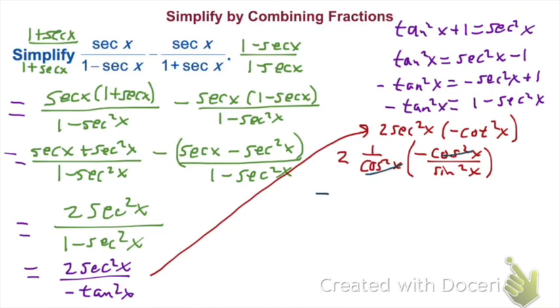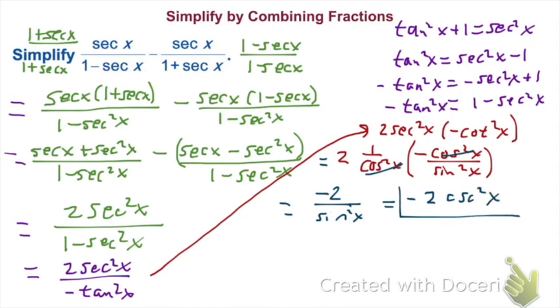We're going to be left with negative 2 over sine squared x. And 1 over sine squared is the same as cosecant squared. So we have negative 2 cosecant squared x's. And this is my simplified form.